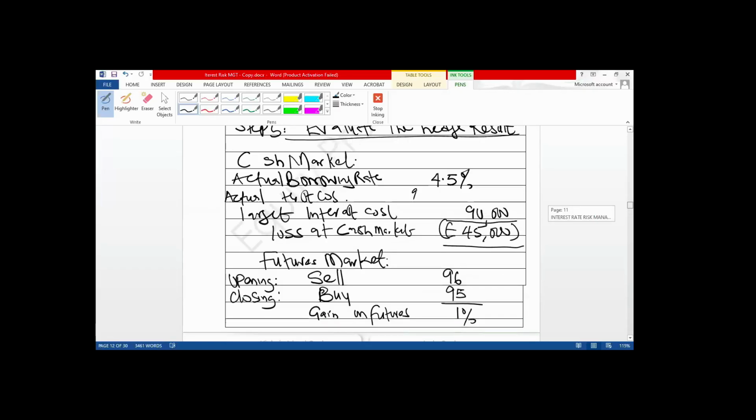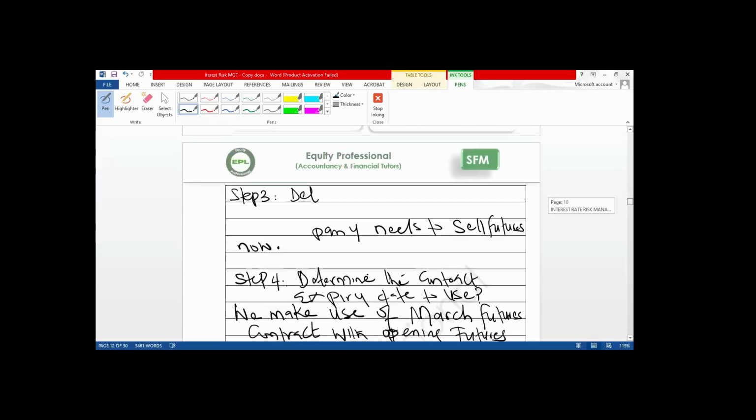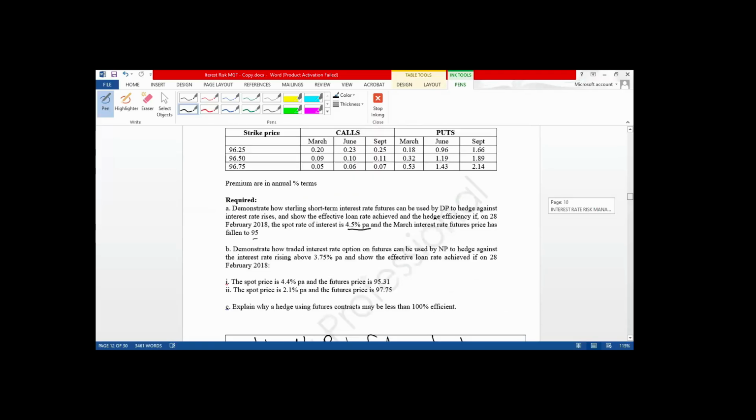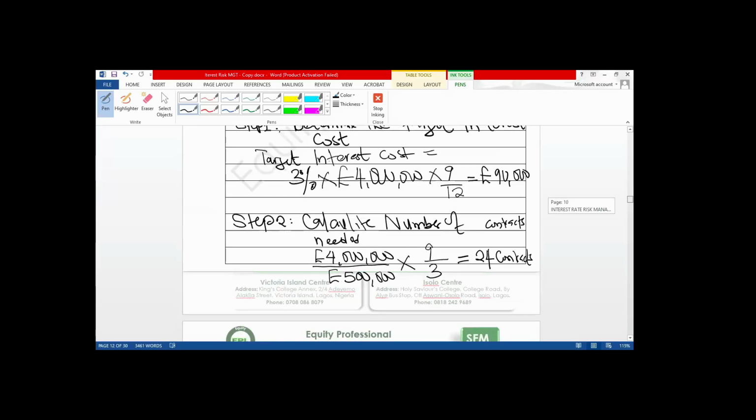Now, for the question on step 2, it is just to calculate number of contracts. And we explained the formula last week.